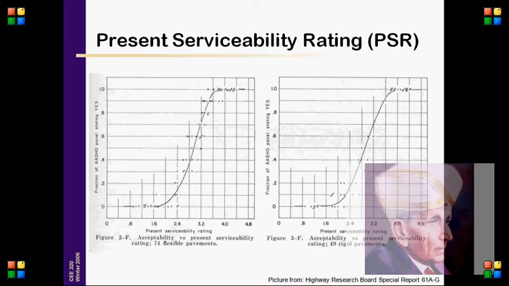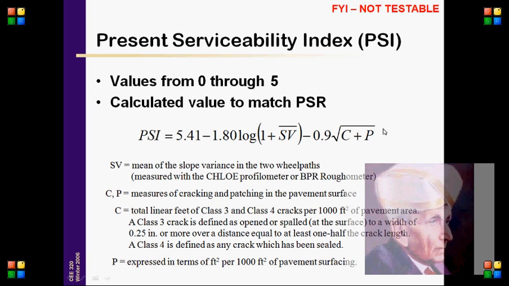Developers devise methods to relate physical attributes to driver ratings. The result is usually a numerical scale, from the AASHO Road Test, 1956 to 1961.